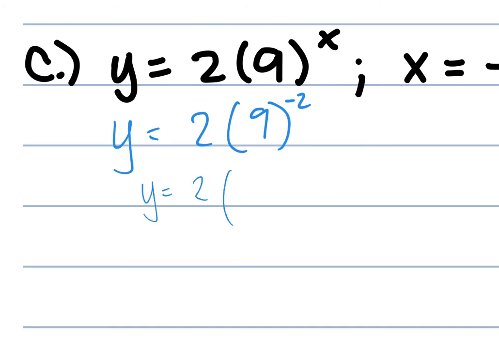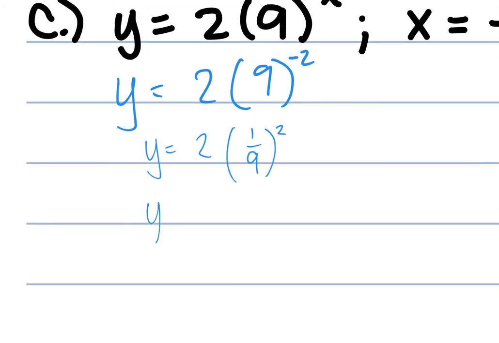So it's 2 times 1 over 9 to the second power. What's 1 over 9 squared? Nick? 1 over 81. So y equals 2 times 1 over 81. And then you get y equals 2 over 81. Perfect. That's it.